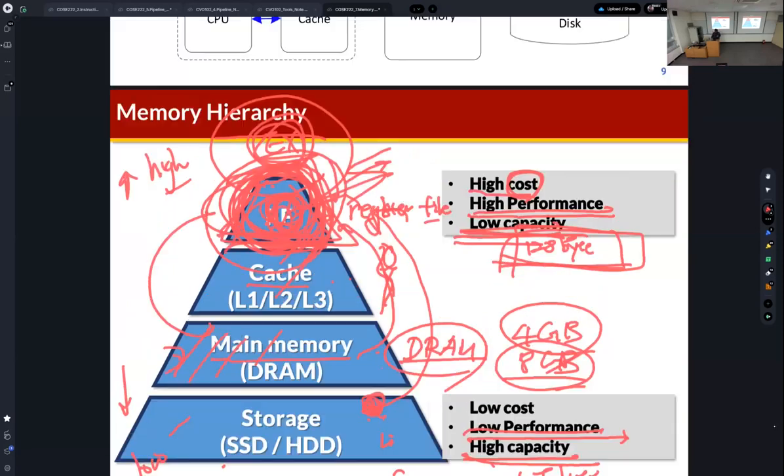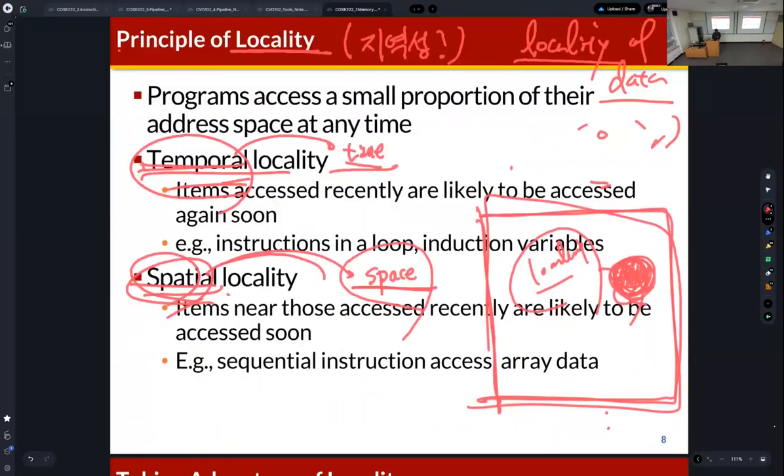So in order to use memory hierarchy, the locality needs to be observed. If the locality is not observed, then we cannot use memory hierarchy. Why? Let us assume that a large amount of data is used in a very short time, which means that we need to store this large amount of data in the high-level memory.